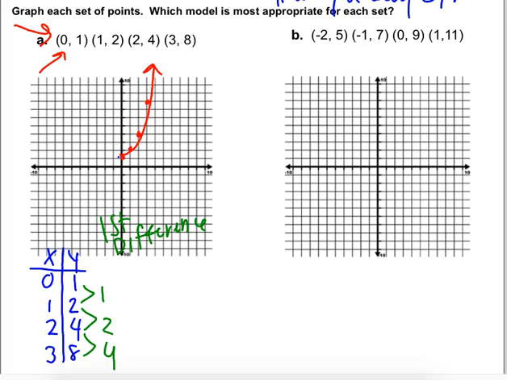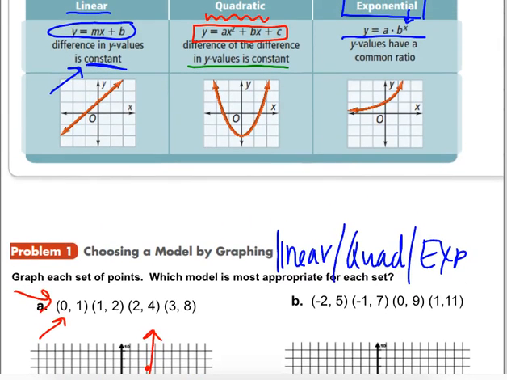I need to check my difference of my difference, AKA my second difference. So check how far away it is from 1 to 2. That's 1 away. And from 2 to 4 is 2. So if I go back up to my little blurb, it says the difference of the difference, that's your second difference, in the y values is constant.